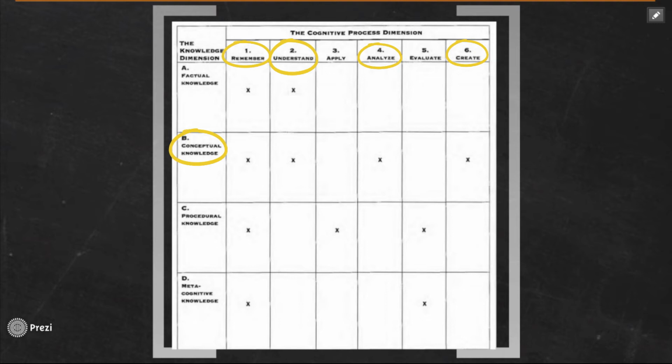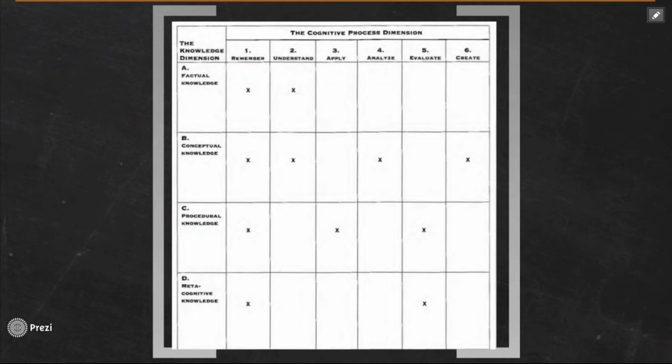And after that, in part C, we can see procedural knowledge, when the student has ability in remember and apply and evaluate, so they know the procedural knowledge.